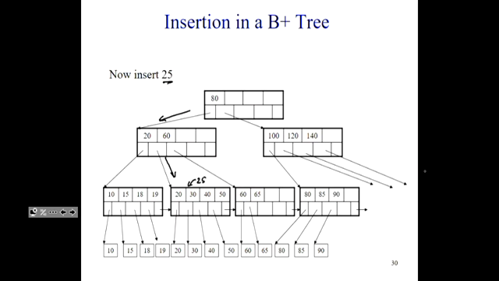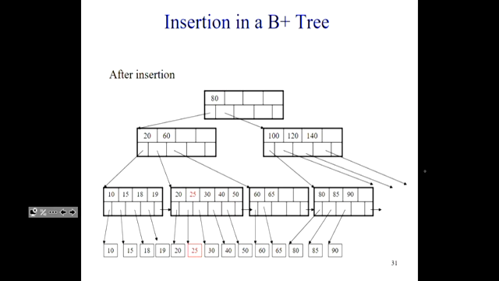So I already have 4 slots, but I now have 5 keys. So what happens then, right? I need to split this. Since this is a leaf, the way I would split this is to split this up into 2 components, 20 and 25 in one, 30, 40, 50 in the other.